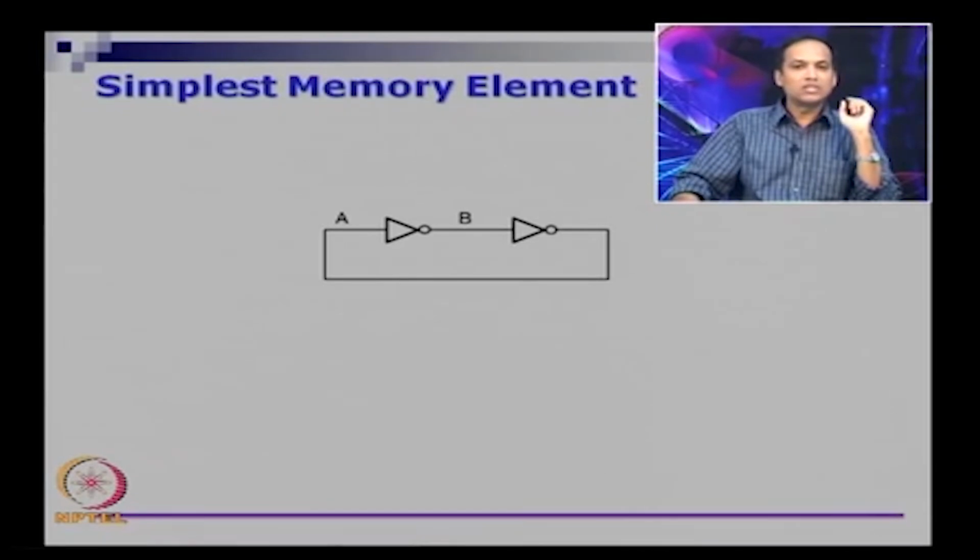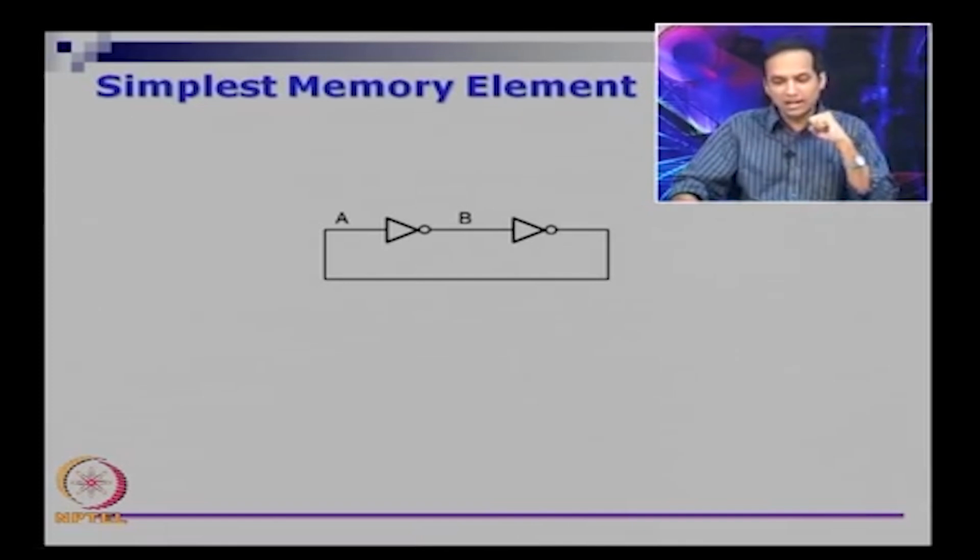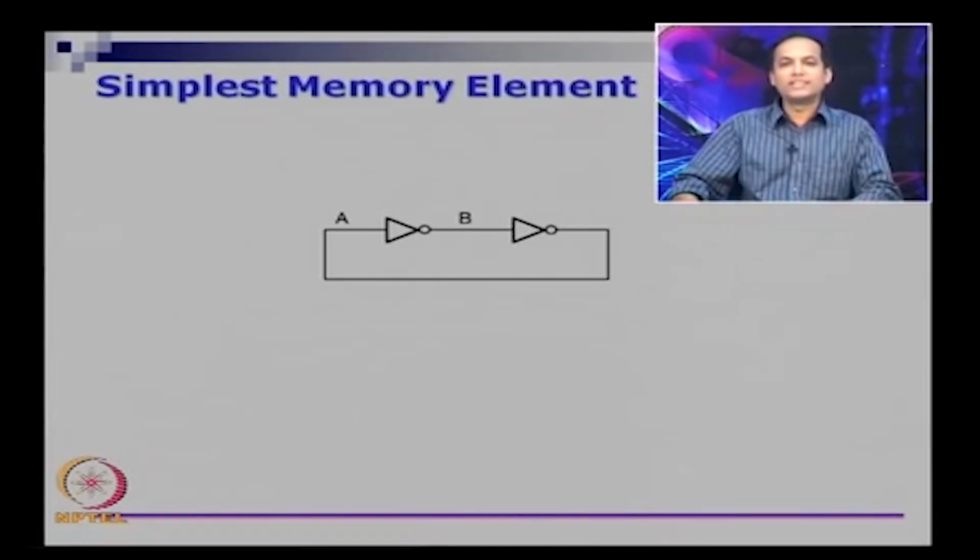The key thing is, this circuit does not have any input at all. So in that sense, it is a very uninteresting circuit. You cannot really do anything with this, even though it remembers the value, no matter what the value is. It does not have any external input.